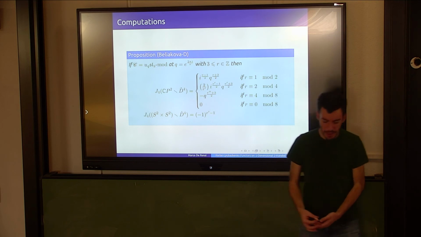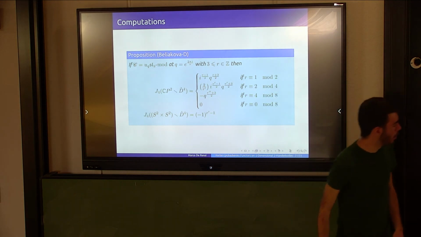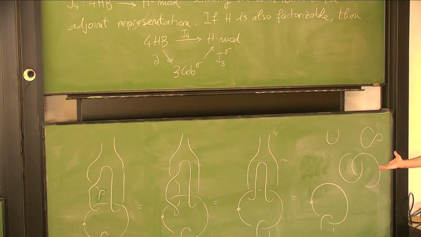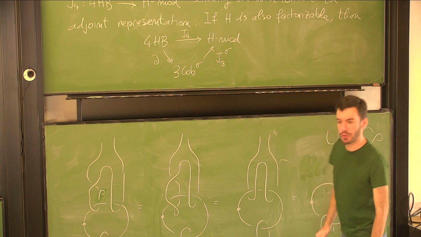So one interesting thing is that, for this diagram here, if you look at the boundary of this 4-dimensional 2-handle body, this is, again, S2 times S2 minus a 4-handle.